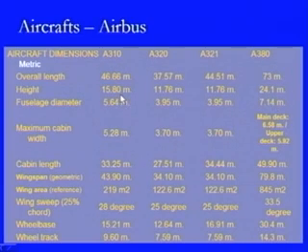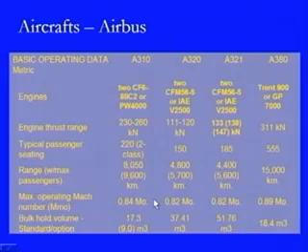The height is at the maximum 16 meters in the A310, whereas here it is 24 meters. So, that is the difference in the size, and that is the reason that if you look at the wheelbase with respect to 15 or 17 meters, it is now a 30 meter wheelbase.